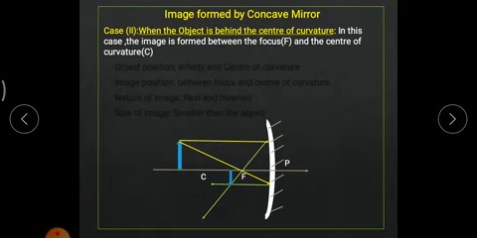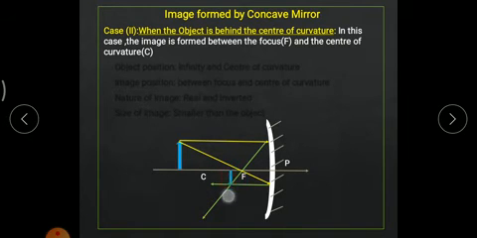This happens because the object is placed between infinite distance and center of curvature. Whenever the object is placed between infinite distance and center of curvature, the image is obtained between center of curvature and focus. As you can see, the image is lying between center of curvature and focus.